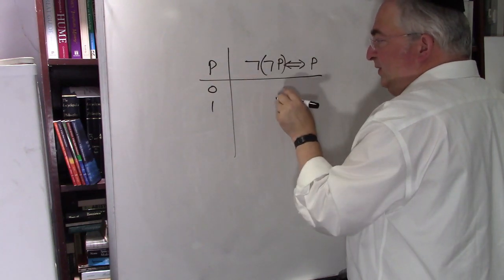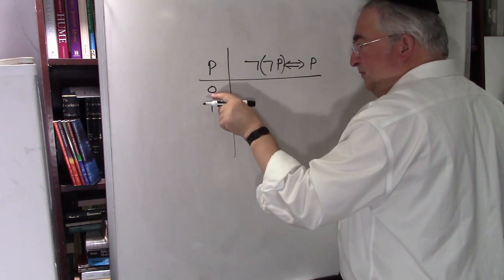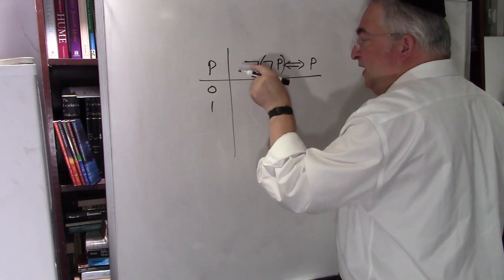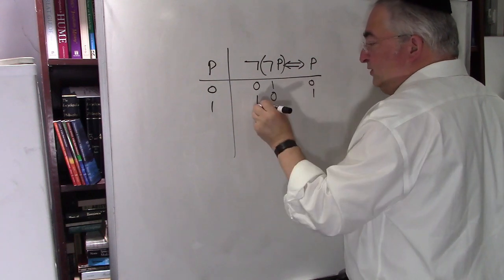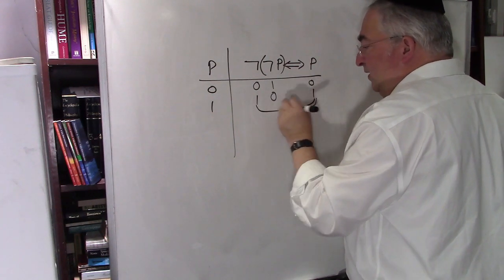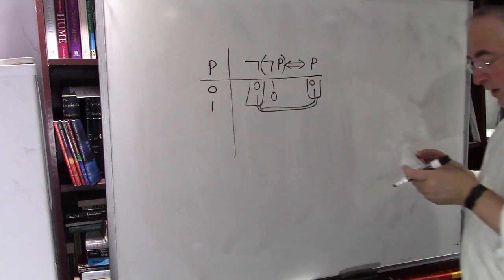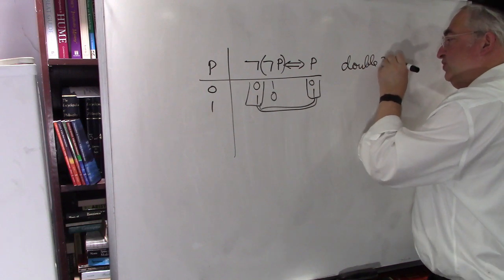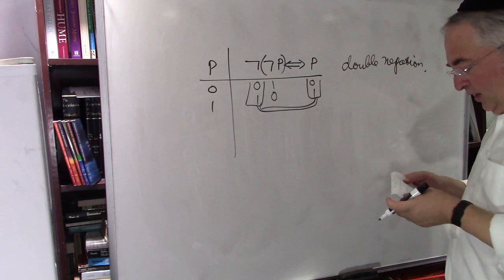If P is 0, not P is going to be 1. And not of that is going to be 0, and 1 gives 1, which is the same thing as 0 or 1. So this is the same as this. This is called double negation. Okay, great. Let's do some others.